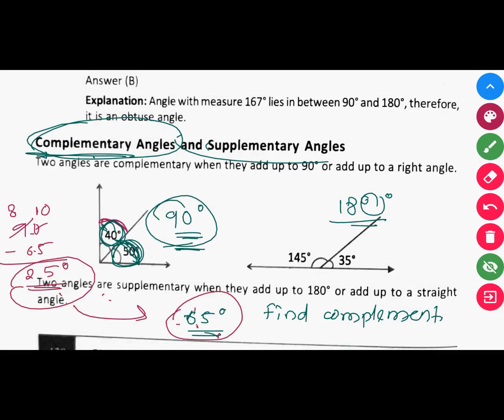Same way, if I had given you one figure which is of a supplementary angle, then to find the other angle you have to subtract that angle's degree from 180 degree. So you will find its supplementary partner.